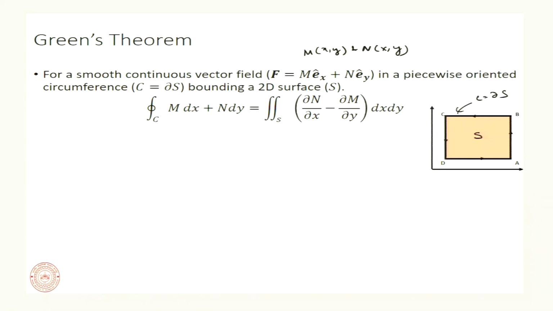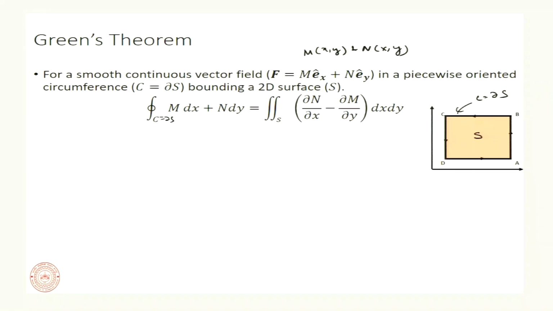So, what the Green's theorem states is that the cyclic integral over the circumference C, which is equal to del S, of m into dx plus n into dy is equal to the integral over the entire surface of the partial derivative of n with respect to x minus the partial derivative of m with respect to y, dx into dy. Okay.